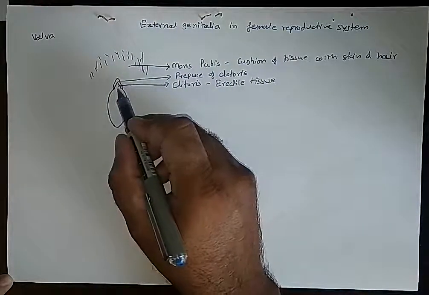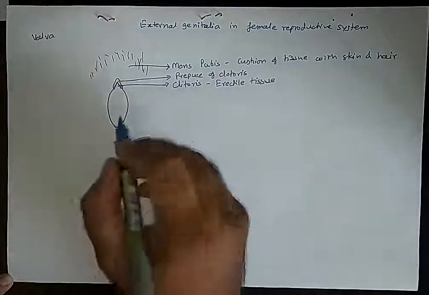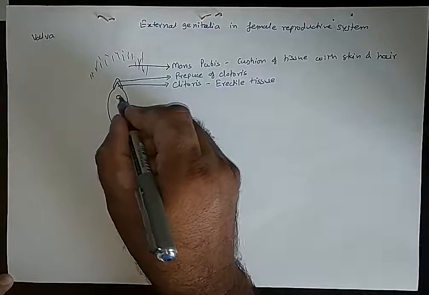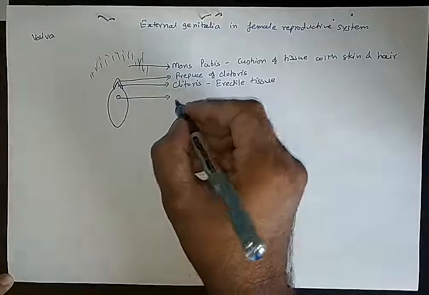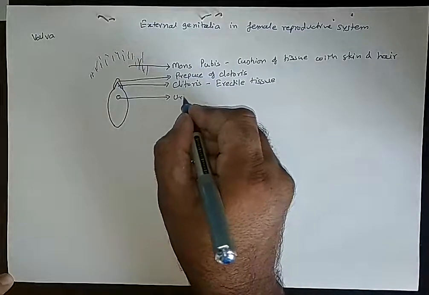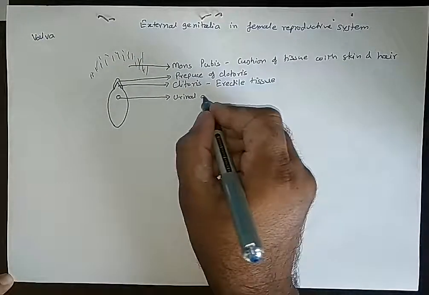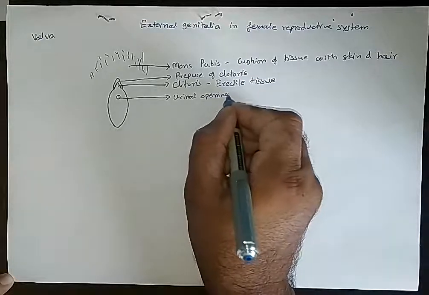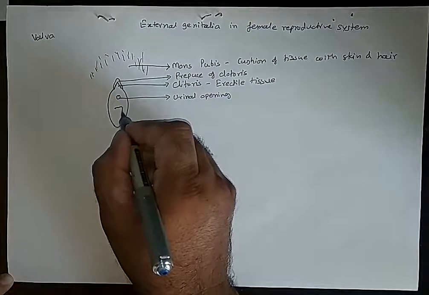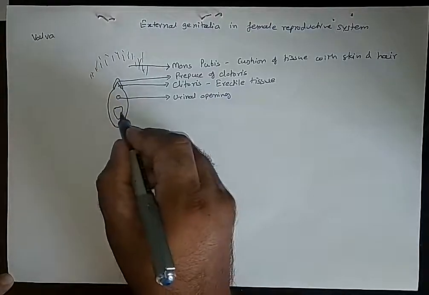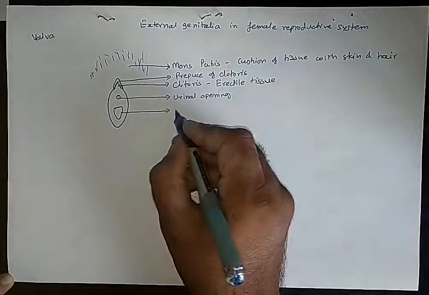Now in this vulva there are two openings. The upper opening is the urinary opening, and the lower opening is the vaginal opening.